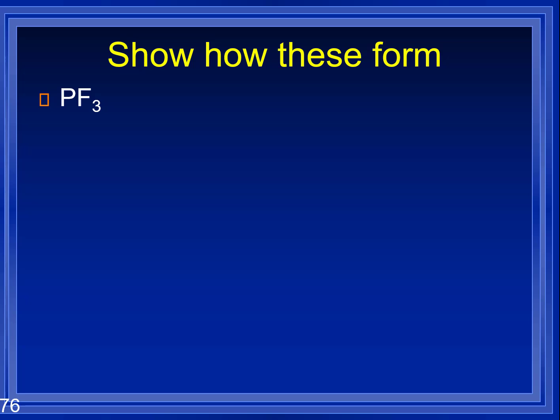Molar mass 30.97. So phosphorus is in group 5A, it gets 5 dots. Fluorine is in group 7A, it gets 7 dots. So can you see where fluorine and phosphorus can hook together? Yeah, I can hook this fluorine here with its 1, 2, 3, 4, 5, 6, 7, and it's happy.